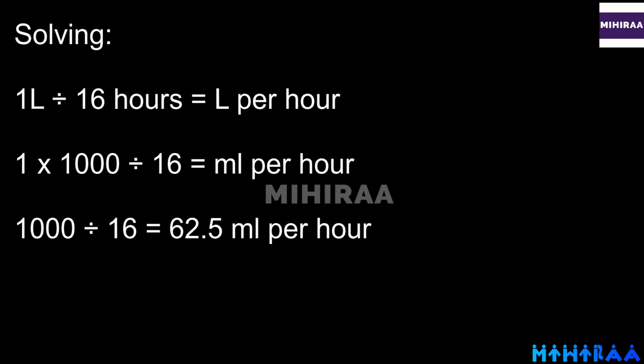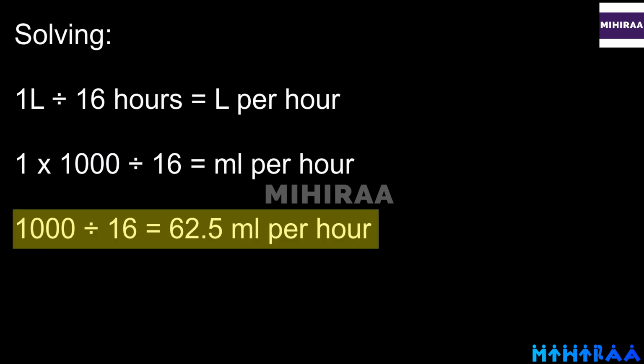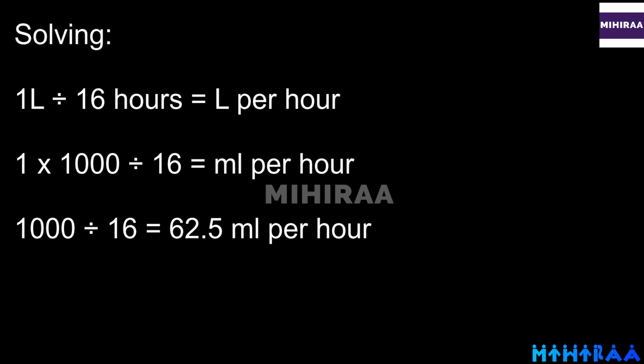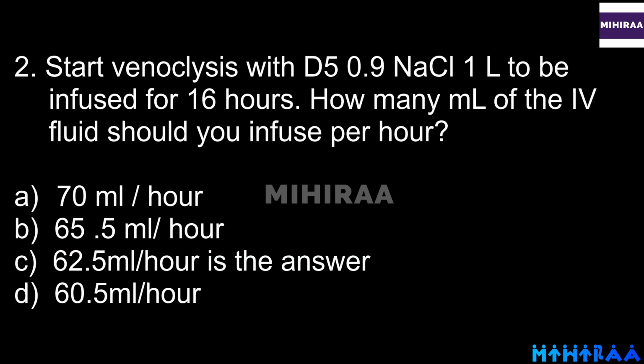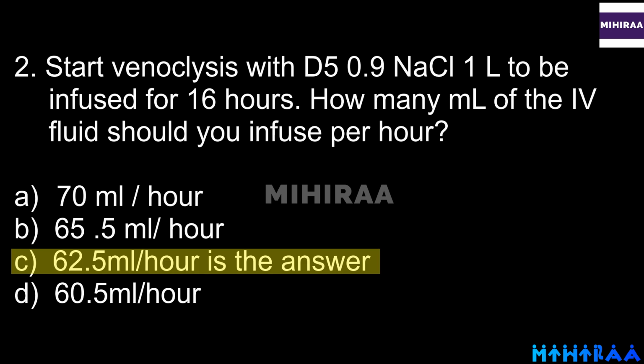When solving the equation, first, convert the 1 liter to milliliters, that is 1000 milliliters. So the equation becomes 1000 milliliters divided by 16 equals 62.5 milliliters per hour. Hence, the answer is C. 62.5 milliliters per hour.